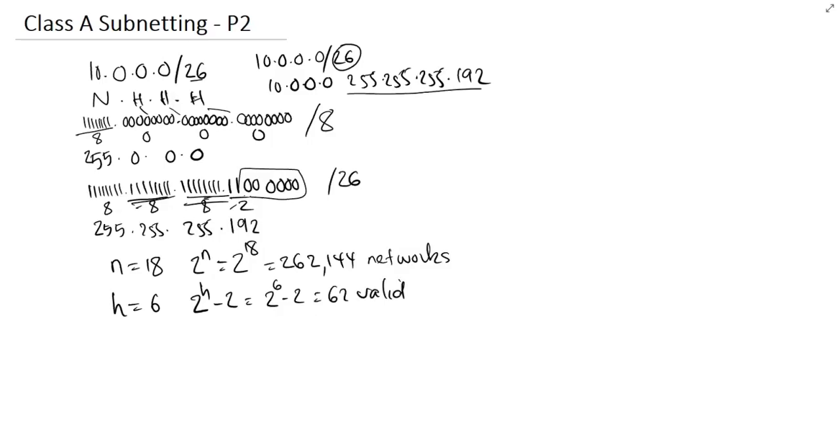So out of these 262,144, in each one you have 62 valid hosts. It means you have multiple locations, a lot of them, but in each one you have a small number of hosts, like 62.